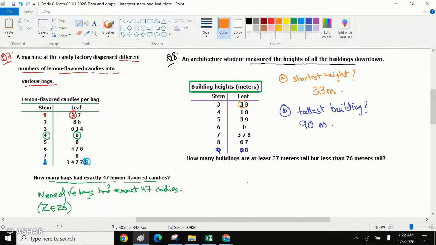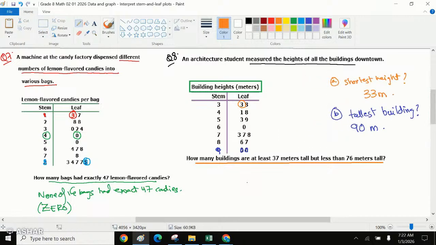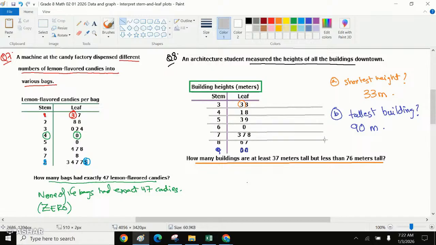Moving on to the main question, it says, how many buildings are at least 37 but less than 76? Let's see how we can do this question. They are saying at least 37. Let's break this down and find the accurate heights over here.